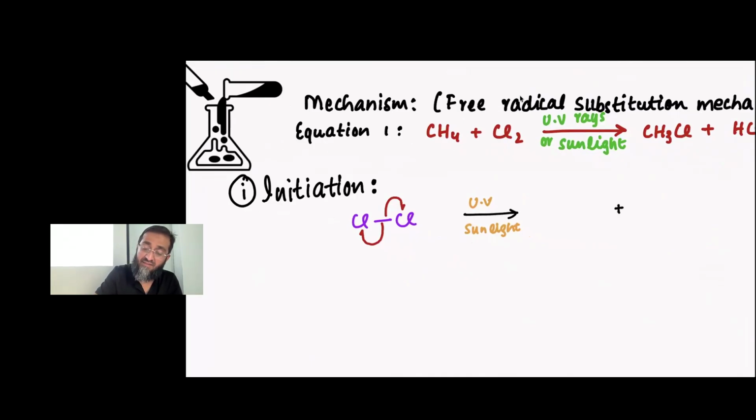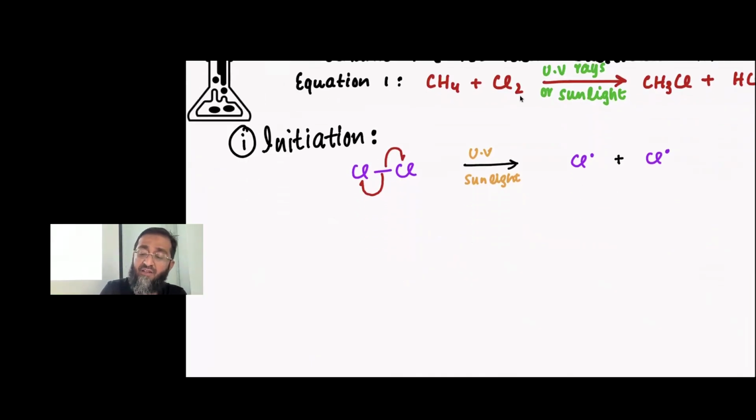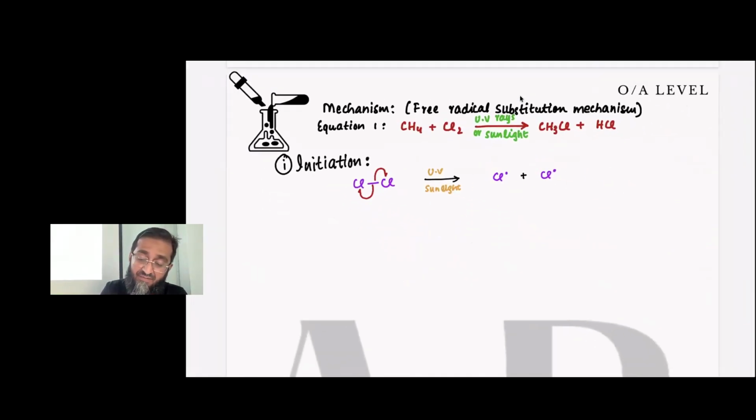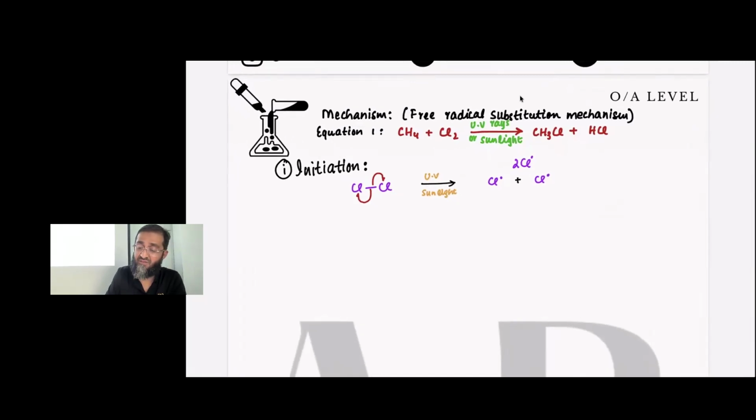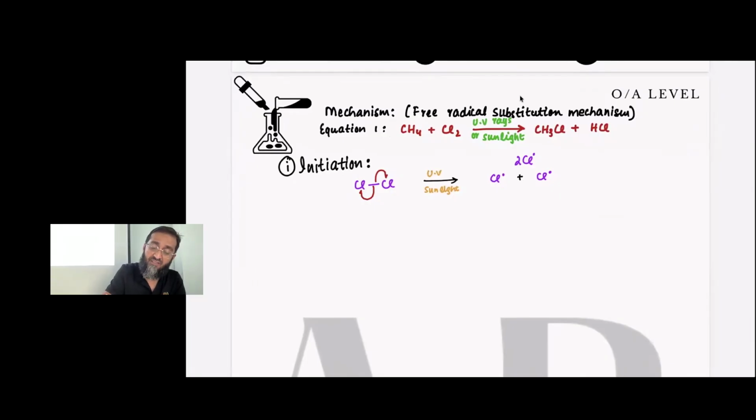As a result, we will get two chlorine radicals. We use a dot as a power, which shows that they have an unpaired electron, which means they are radicals. Instead of that, you can write 2Cl radical. That is also fine. So this stage is called initiation.